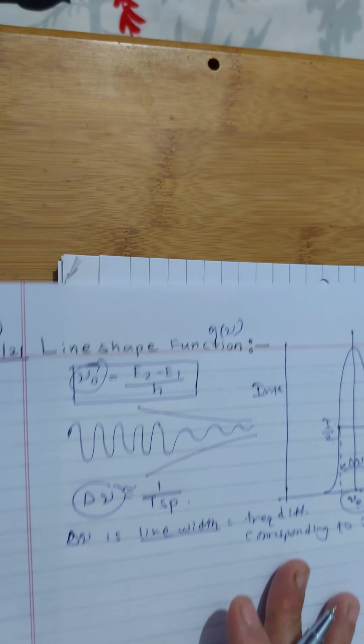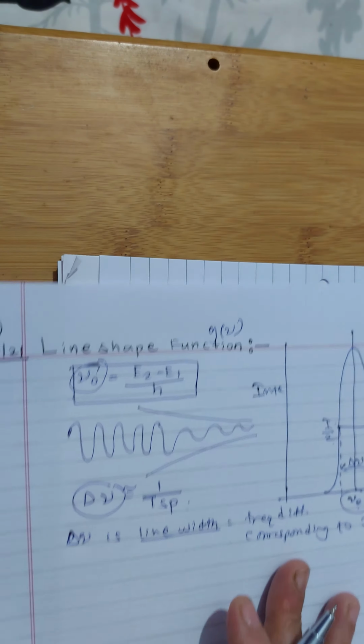The function G nu is usually normalized according to the condition: integral from minus infinity to plus infinity of G of nu d nu has to be equal to 1. This is my line shape function, G nu.